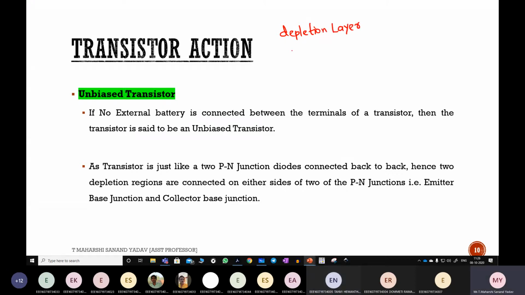And what about resistance under forward bias and reverse bias cases? Forward bias resistance decreases, reverse bias resistance increases. So simply I will take it as 0 and infinity.